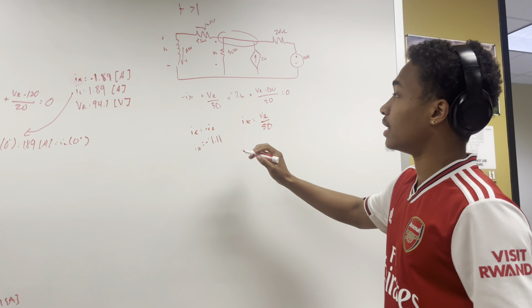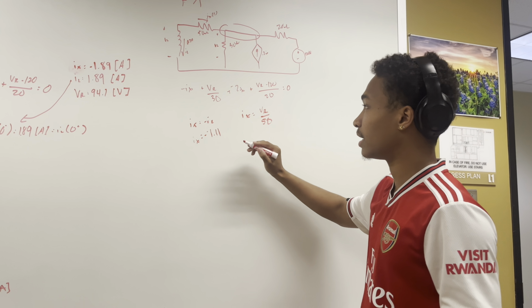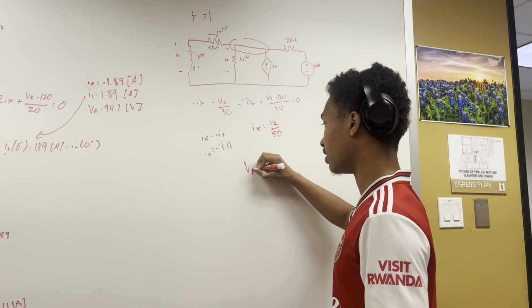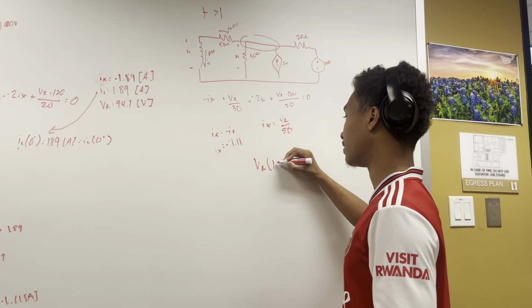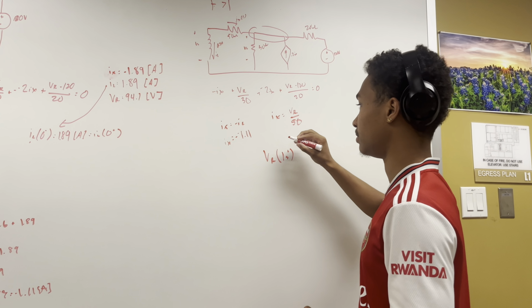Alright, now plugging these equations into my calculator, we get that VR right after 1 second, because our inductor current is right after 1 second as well, equals 58.68.